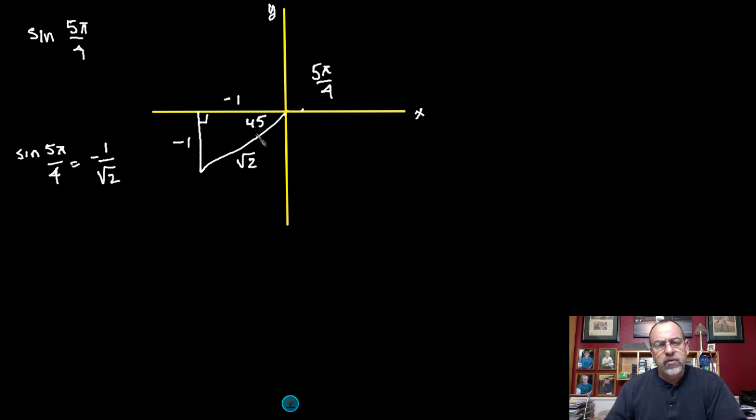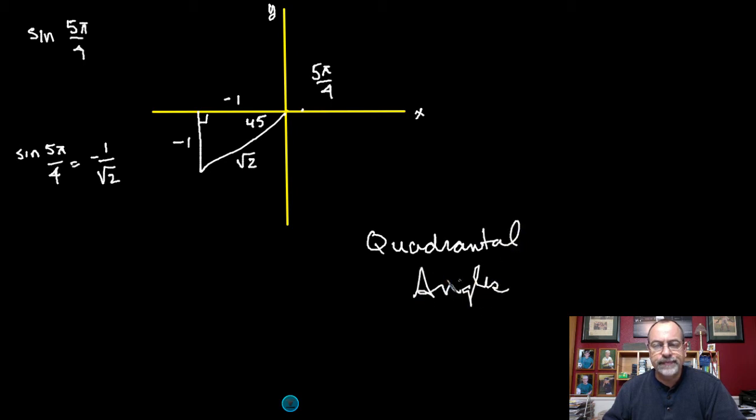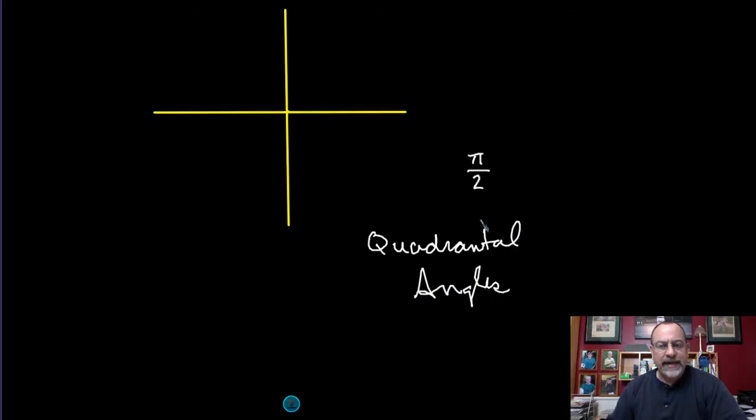Let's take a look at one more concept in this video, and that is the concept of what we call quadrantal angles. What happens with these? Quadrantal angles. A quadrantal angle is any angle that in radian measure has a denominator of 2. And you remember when we talked about these that any radian measure with a denominator of 2 is a multiple of 90.